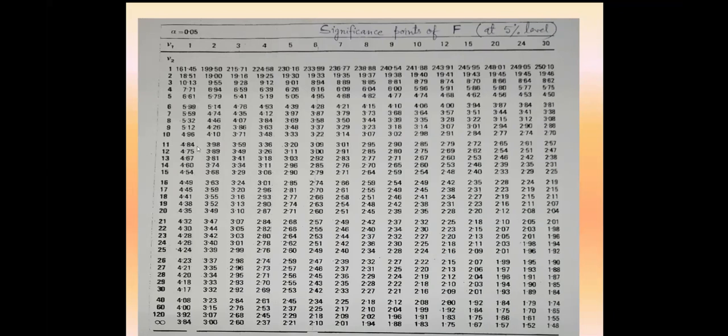It means 3.98 will be the table value. You have the table value at 5% level. Okay. So with the help of this table, we can see what is the table value at a specific degree of freedom.